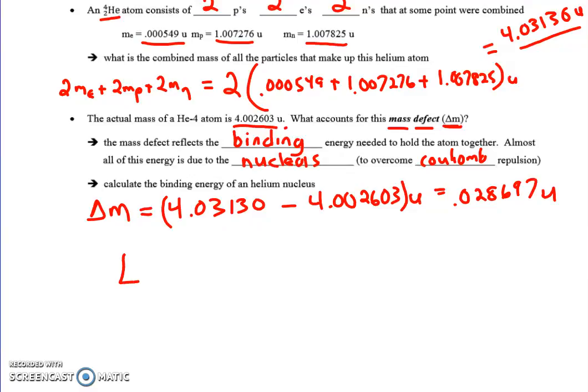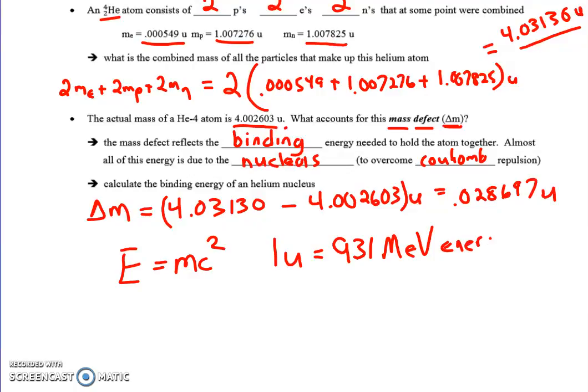So the energy is still mc squared, but we can't use this form because m is not in kilograms. I can't stick in 0.028 U's multiplied by c squared to get the energy. It wouldn't work out. So what I do instead is use the idea that 1 U of mass is equivalent to 931 MeV of energy.